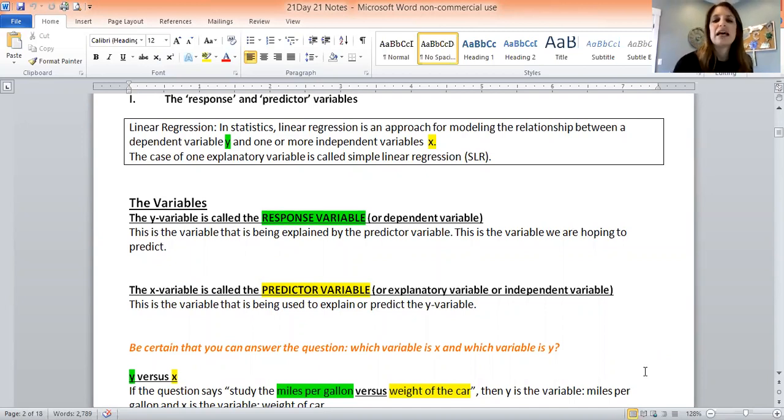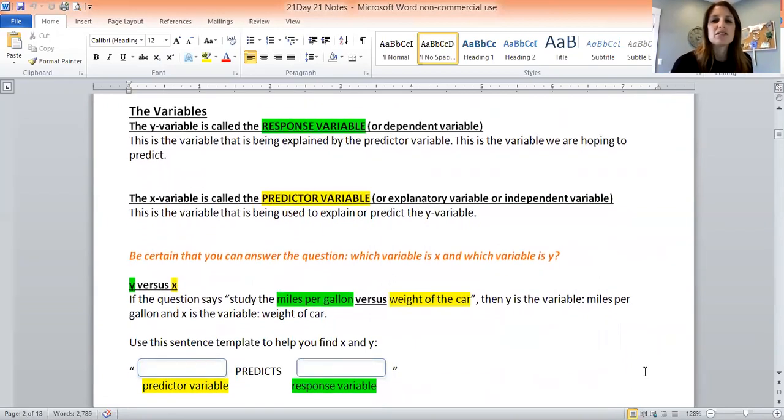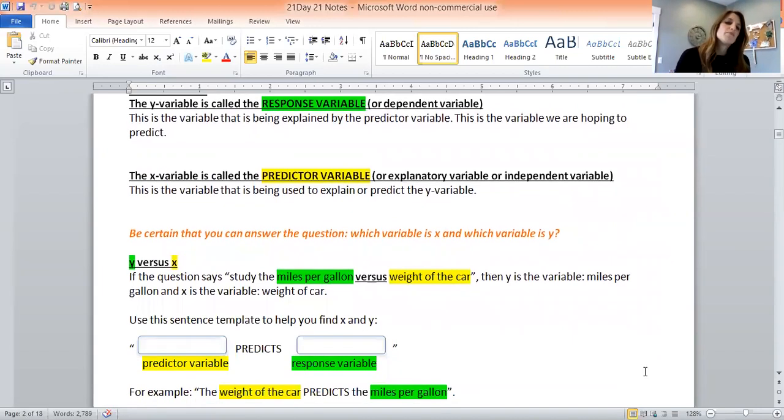I want to say that x predicts y. So I want to be able to say that my predictor variable can predict my response variable. When you think about that, hopefully when you read through a problem, you can pick this out. That's the very first thing, because we can't do anything with our data until we can do that.